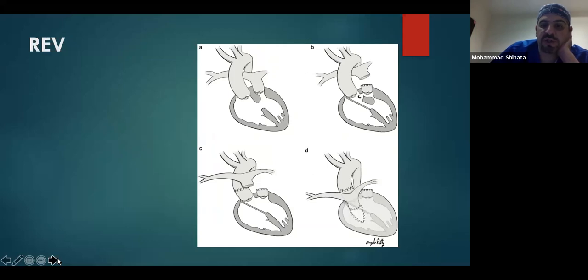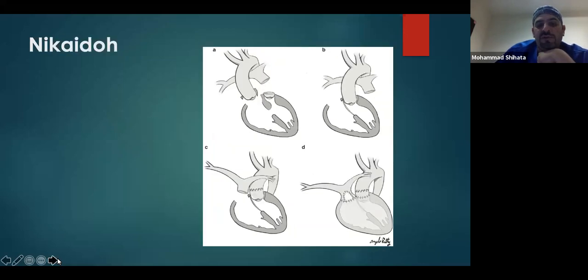And this is a REV procedure utilizing the Lecomte maneuver to bring the bifurcation directly to the right ventricle with no valve. And the Nikaido involves translocating the aortic root posteriorly to maintain better alignment for an LVOT. Then the RV to PA continuity can be established with or without a conduit.